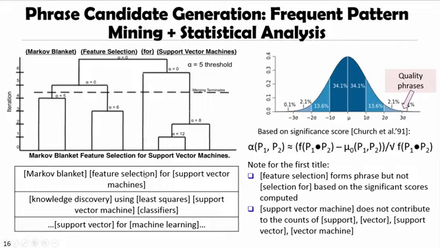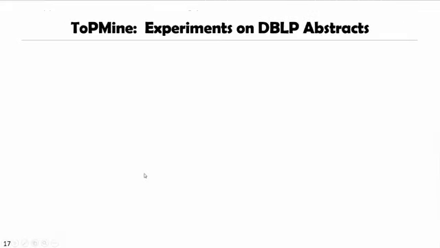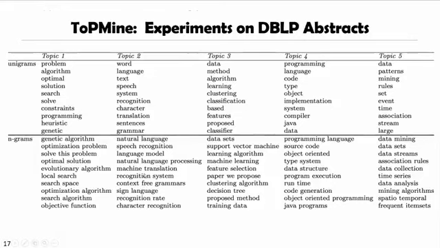we'll be able to make a very good judgment. We did some good experiments. You can see that if we use DBLP, which is a computer science research publication bibliographic database, we can see the unigrams generated and the n-grams generated. It's already better quality than purely topic modeling. However, you see these n-grams generated are very informative.